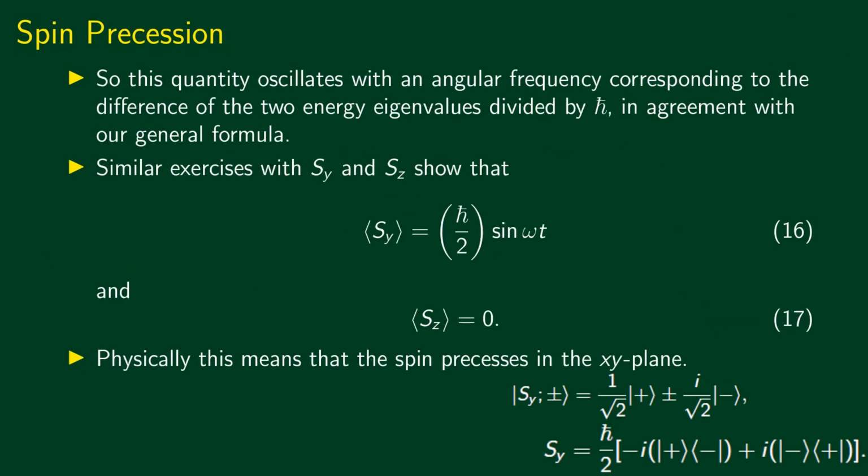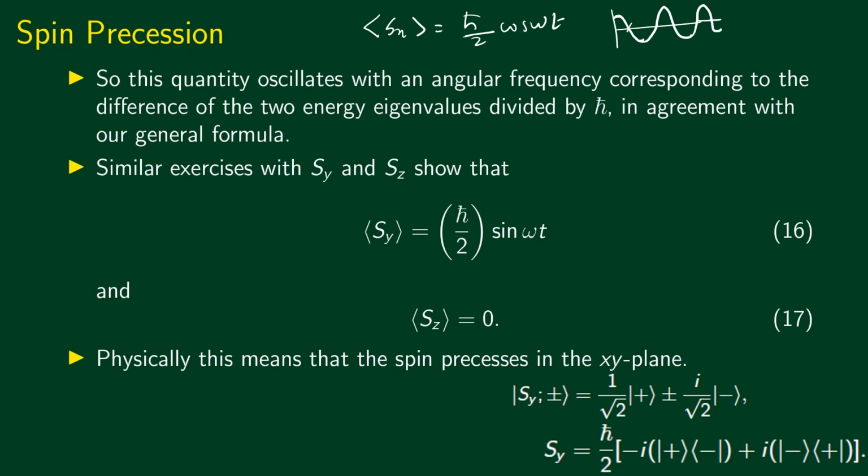Okay. So we have expectation value of Sx equal to h bar by 2 cos omega t. Right? Cos omega t is oscillatory and we know that cos omega t varies like this. At t equal to 0, cos omega t is 1 and at omega t equal to pi by 2 it drops to 0 and then goes to minus 1 and oscillates like that.